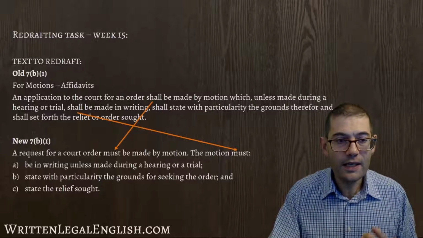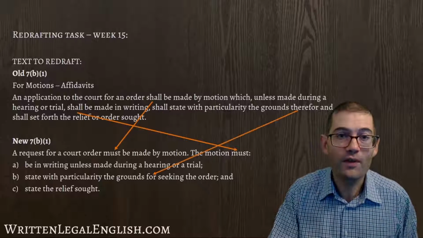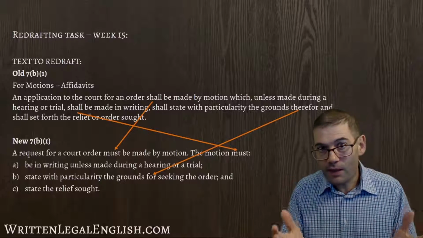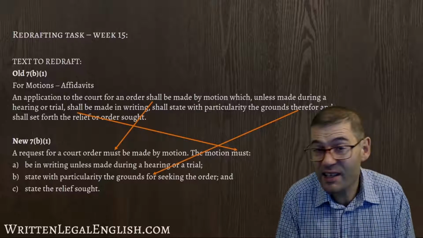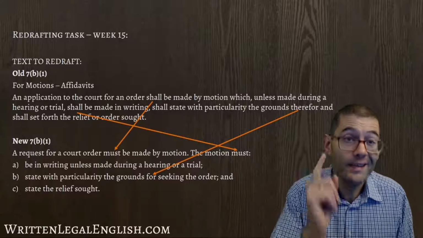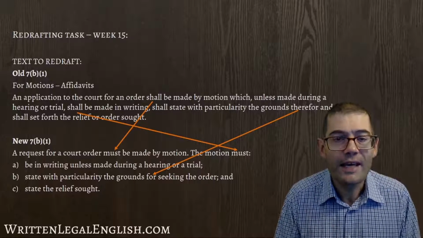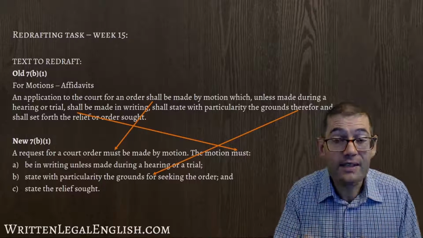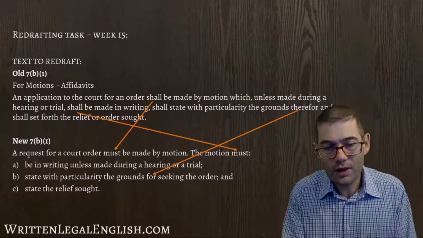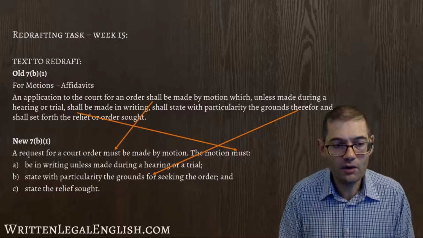What about a piece of legalese? Therefore. Because people might think, okay, therefore legalese, I need to include legalese because legalese is in legal writing, right? No. This redraft looks at what that legalese word actually meant, in this case for. It redrafts the sentence in a much easier way.